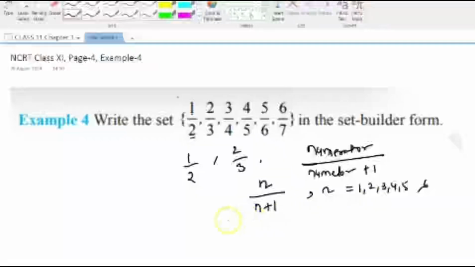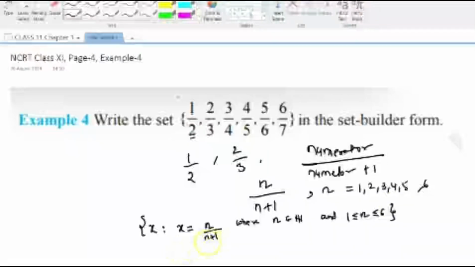So let's try to write this in the set builder form. We can write it as x such that x is equal to n divided by n plus 1, where n belongs to natural numbers and the value of n is from 1 to 6, right?